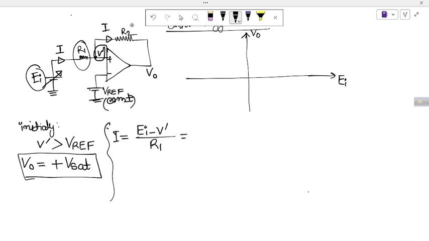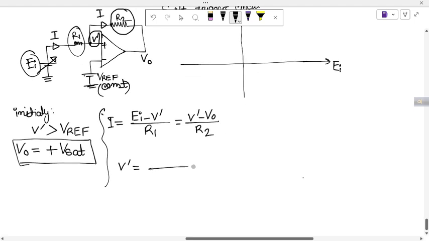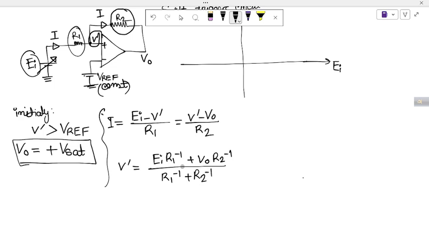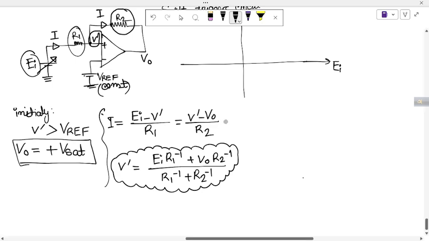Again, using Ohm's law across R2, the voltage across R2 is V prime minus V naught, divided by R2. If you now solve for V prime, you will get EI R1 inverse plus V naught R2 inverse, and at the denominator R1 inverse plus R2 inverse. I have skipped some lines, but if you pause the video and rearrange and solve this equation, you will get this formula for V prime.